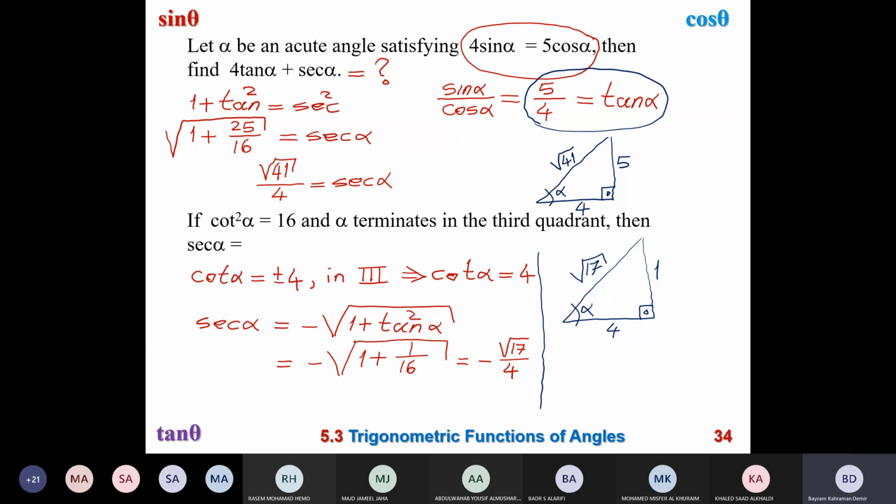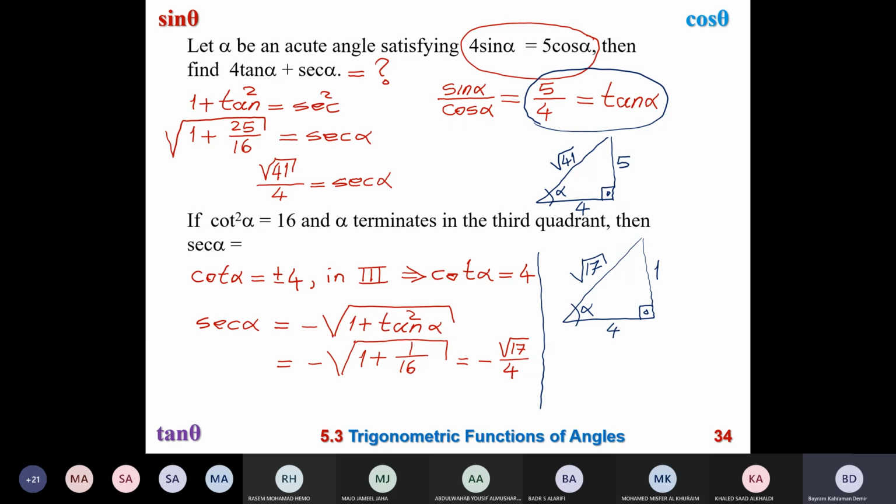Now, Shabab, a triangle does not give you negative or positive because you need to check the location, understand? If you look at the triangle, secant will be root 17/4, but you need to see where the location is.